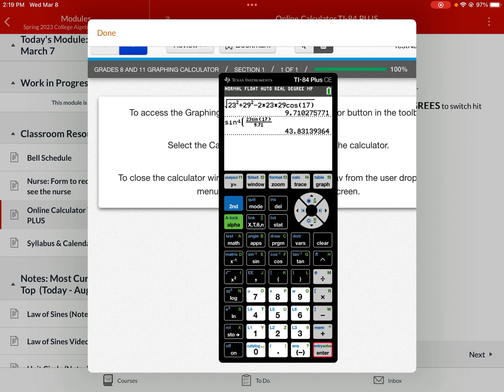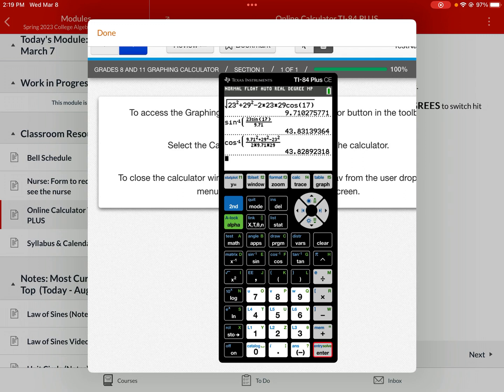Or if I don't like that method, I could go second cosine of the fraction, and type in 9.71 quantity squared plus 29 quantity squared minus 23 quantity squared divided by 2 times 9.71 times 29. And I should get, fingers crossed, oh my goodness, look at that, the exact same answer.